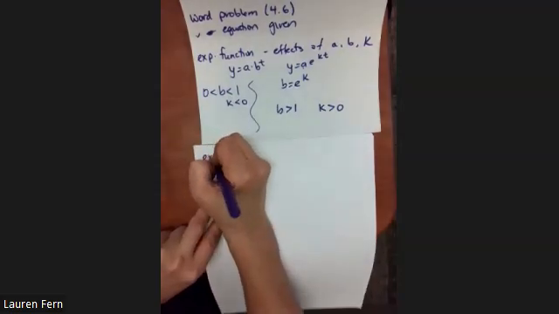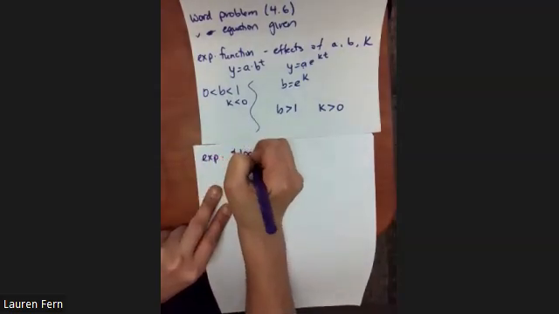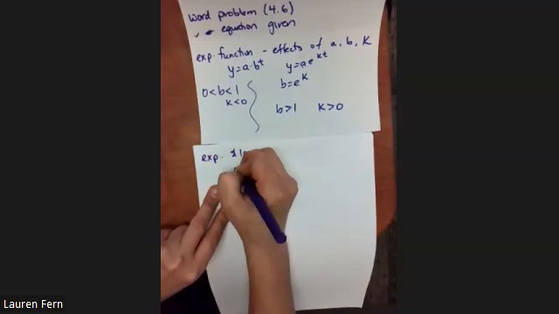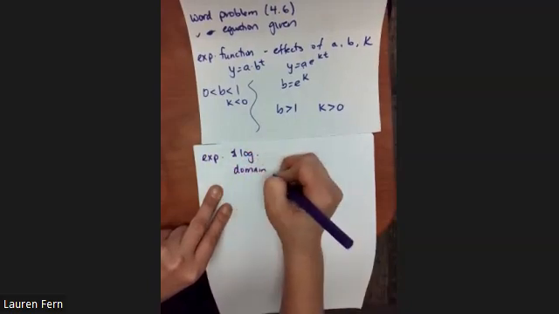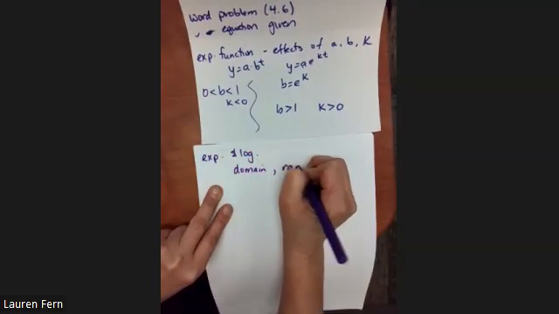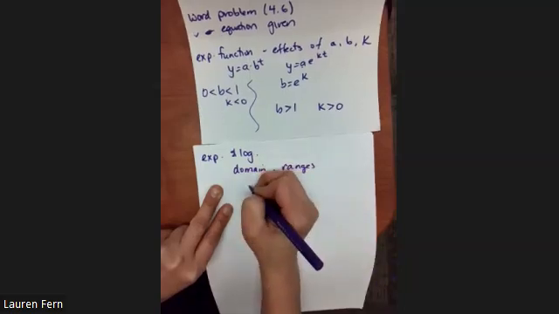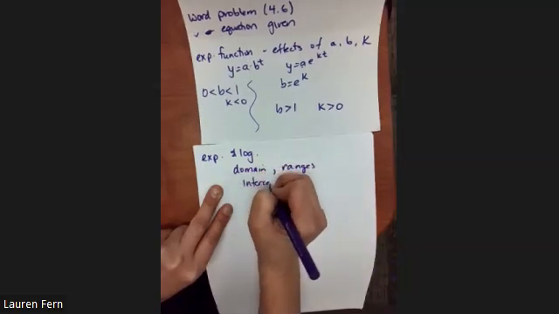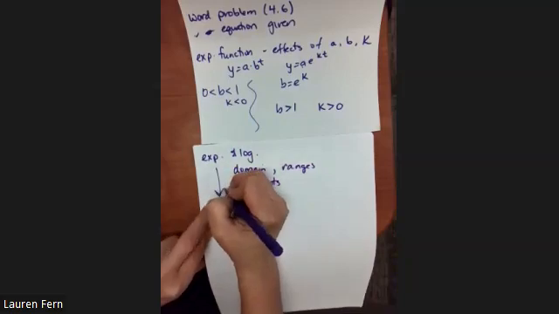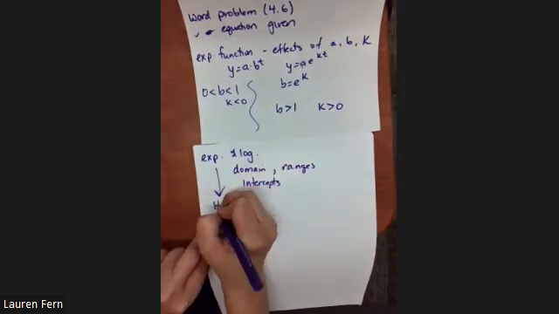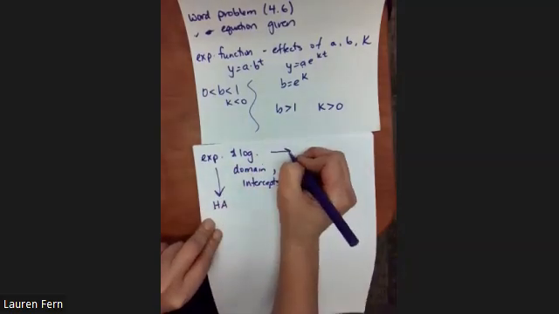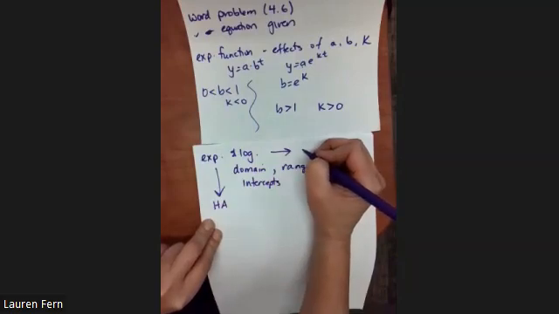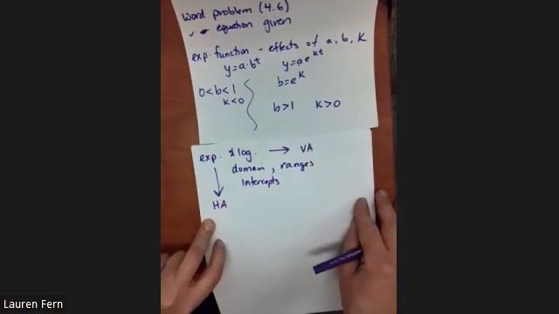In terms of your exponential and log functions, you want to be keen on the domains and the ranges, any intercepts, and then pertaining to your exponential functions, your horizontal asymptote, and log functions, your vertical asymptote.